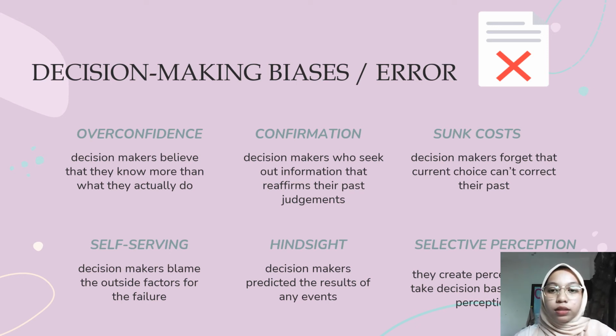Sunk cost is when decision makers forget that the current choice can correct their past. Self-serving is when decision makers blame outside factors for the failure. Hindsight is when decision makers predict the result of an event. And lastly, selective perception. They create perception and take decisions based on perception. That's all from me. Thank you.